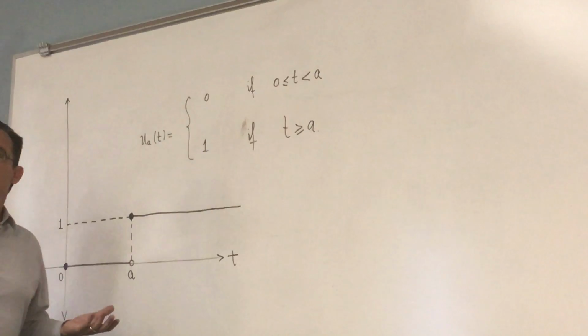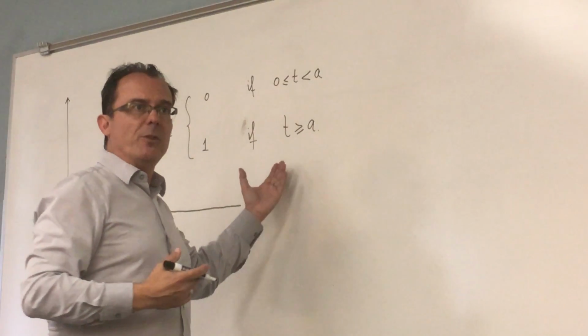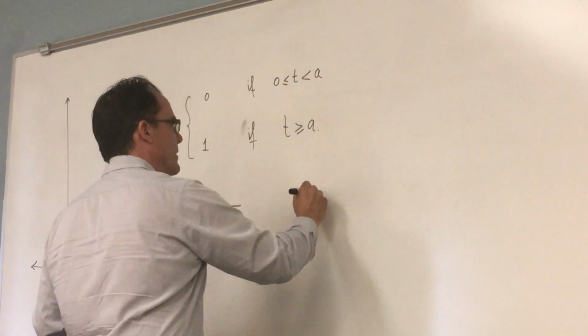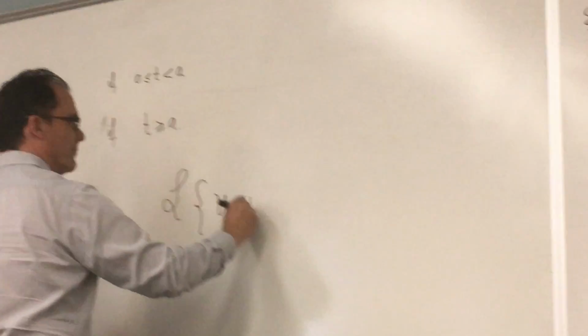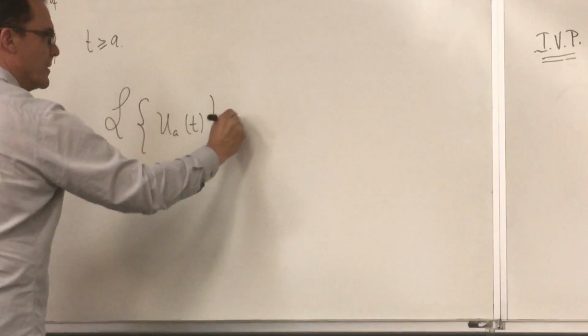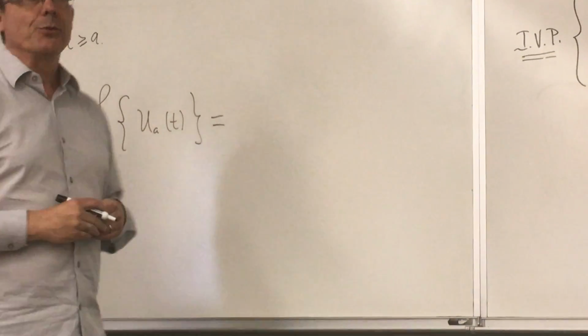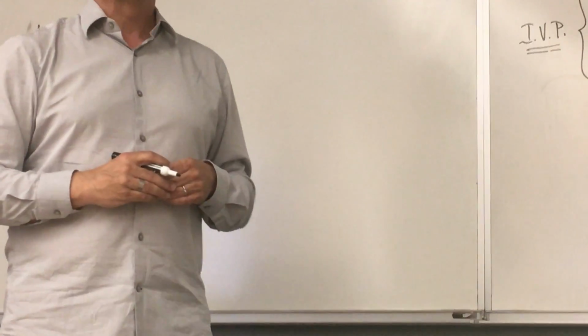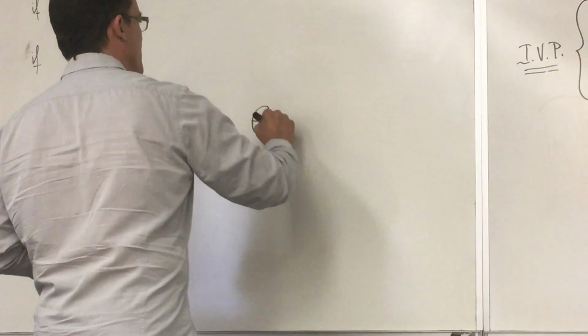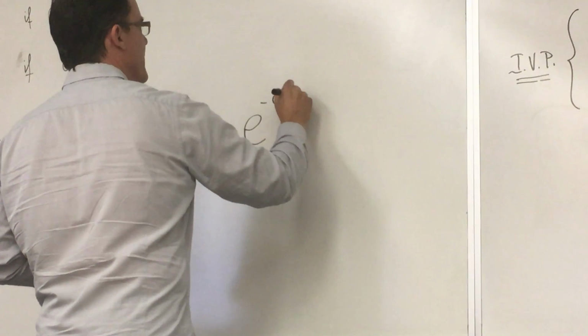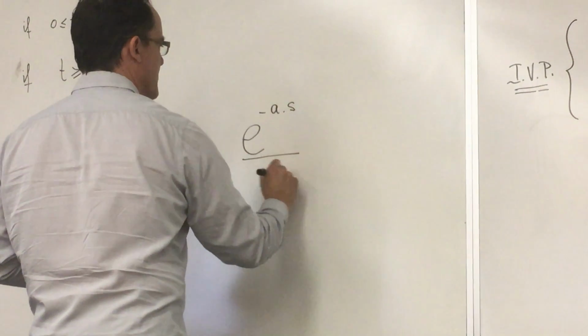So, what's the Laplace transform of this function, if that would be the non-homogeneous term we will be interested in finding? It's a function of t, and the Laplace transform exists, and what is that equal to? e to the minus a times s divided by s.